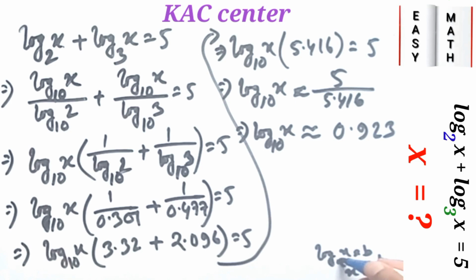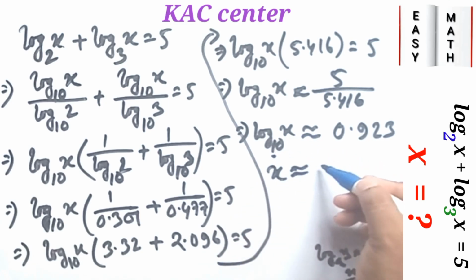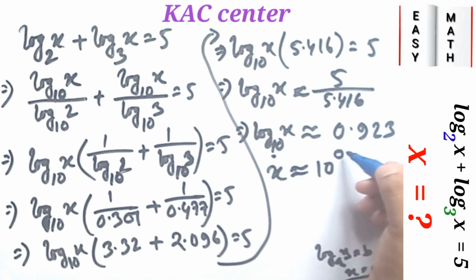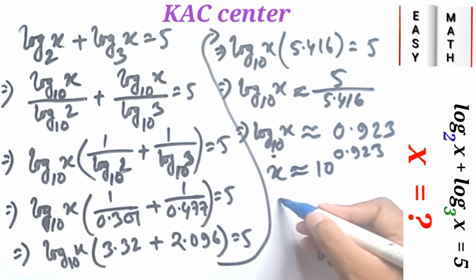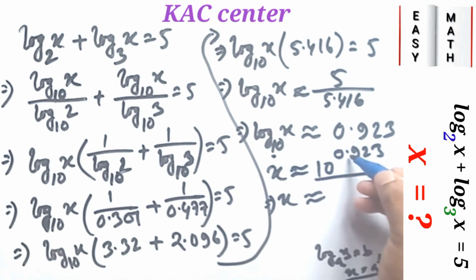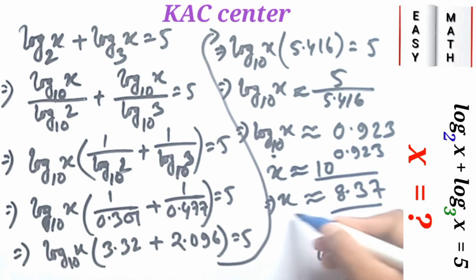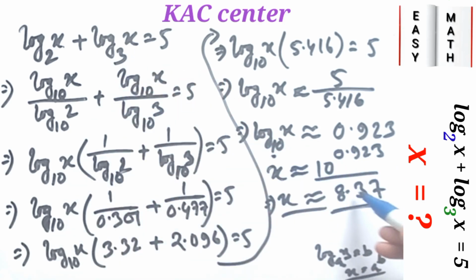Similarly, here the base is 10, so x is equal to 10 to the power 0.923, and approximately the value of 10 to the power 0.923 is 8.37. So we find the x value is 8.37 approximately.